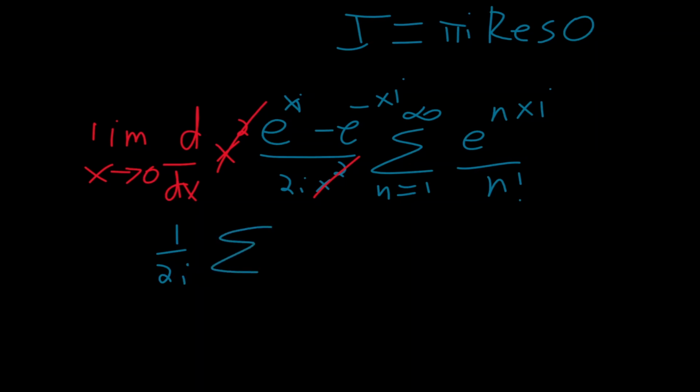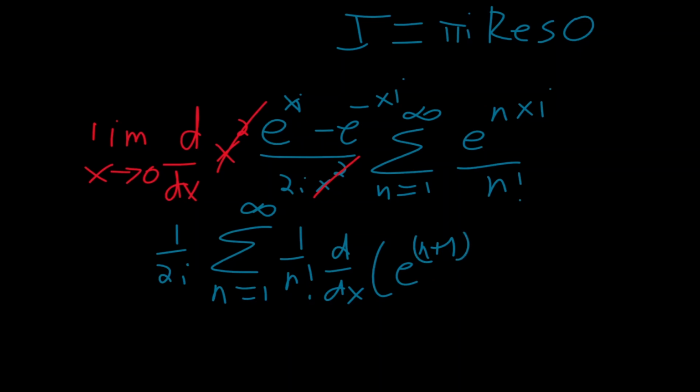So now we have our sum from n equals 1 to infinity of 1 over n factorial, but then we have the derivative of just a bunch of e's. And grouping everything together, we find that we have the derivative of e^((n+1)xi) minus e^((n-1)xi).